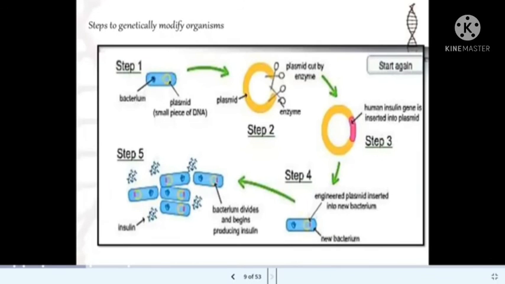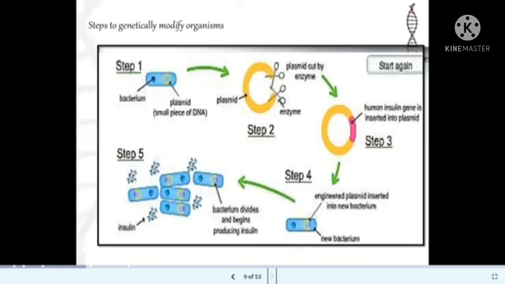These are the diagrammatic representation of the steps we have studied. What were the steps we have studied? That is the bacterium. It has a piece of DNA which you are going to isolate, and this piece is incorporated with the already existing bacterial DNA.